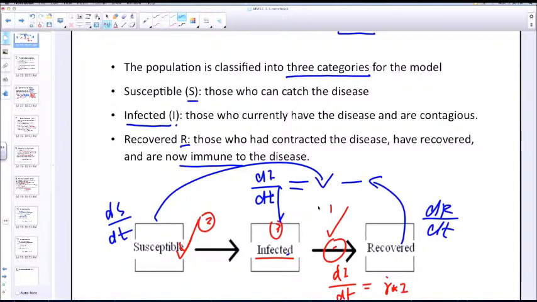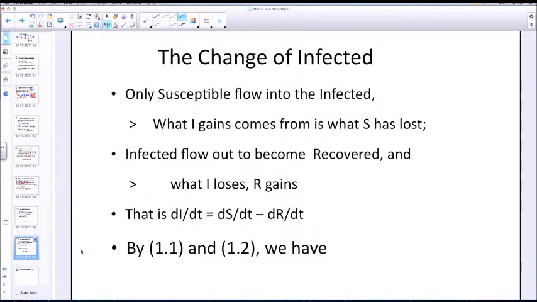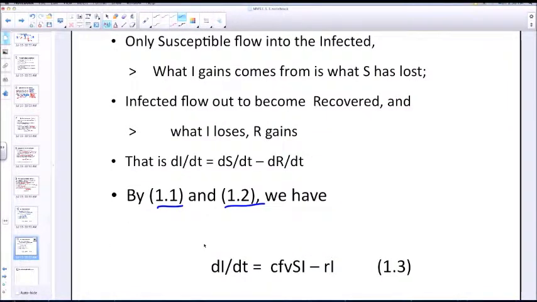So the third equation simply comes from the first and the second. If we substitute, dS/dt is right here, dR/dt, the first one we talked about, is right here. So we get the third differential equation. Now, let's pause for a minute.